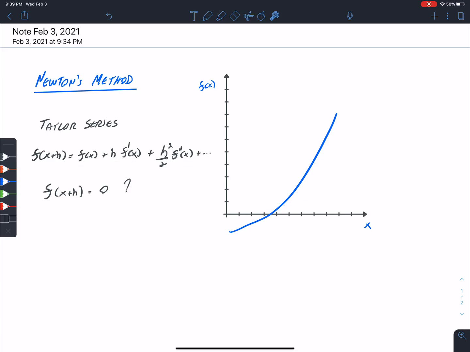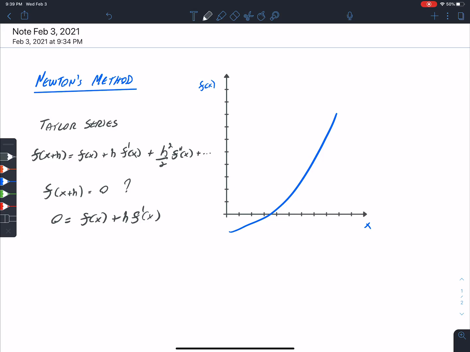So let's do that. We're going to write that f of x plus h is 0, so 0 should be equal to f of x plus h f prime of x, plus an error because we ignored this term. But I'm not going to write this error. I'm going to imagine that this is a good enough approximation that I don't have to worry about the error right at this minute.